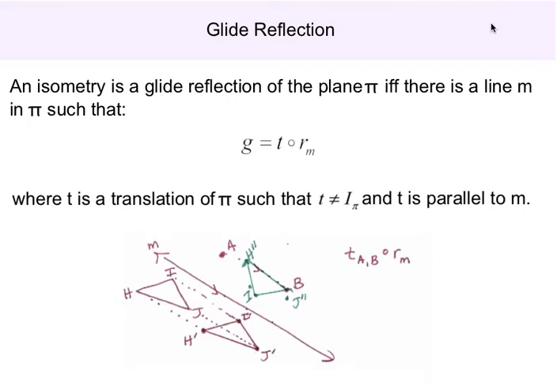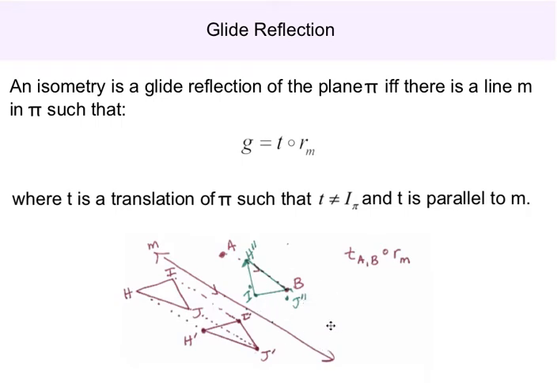The requirement for it to be a glide reflection is that T cannot be the identity mapping and T is parallel to M, meaning that the vector that would move A to B, if this is my translation, the line needs to be parallel to that vector.